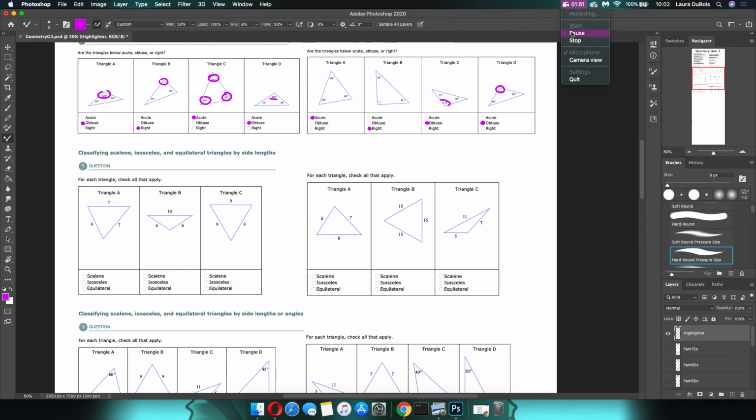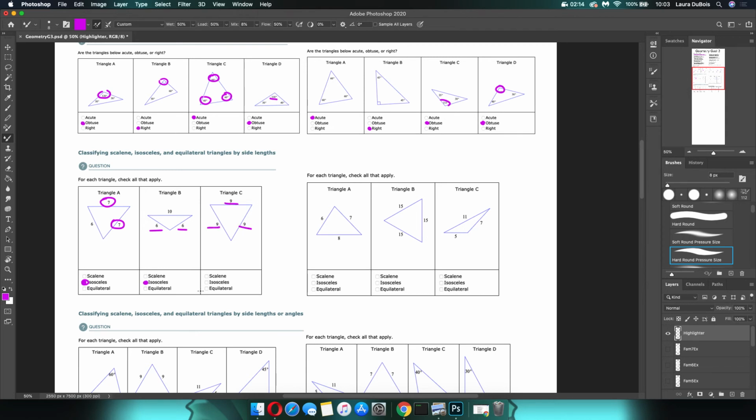So when we're looking here, you can kind of see that the 7 and the 7 have the same length, which means two of your sides are the same, which means this is an isosceles triangle. Over here, 10, 6, 6, we again have two numbers that are the same, which means it is isosceles. And here, 9, 9, 9.